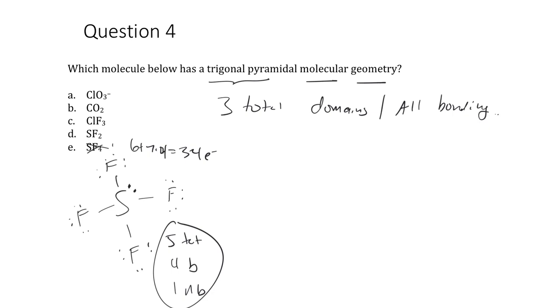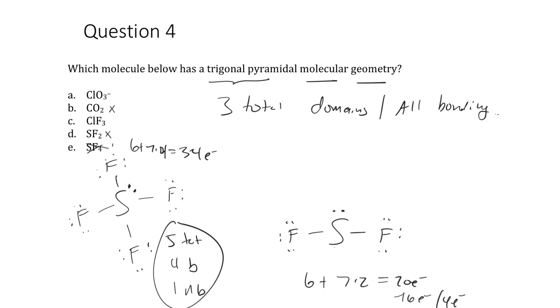I should be able to rule out SF2 and CO2 as well, because they don't have the right number of bonding domains. For SF2, with the fluorines here, I count up my electrons: 6 for sulfur, 7 for the fluorines times 2, that's 20 total electrons. I have 16 assigned, so the difference of 4 electrons goes onto sulfur.